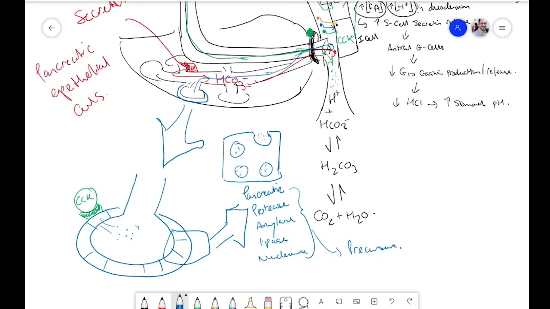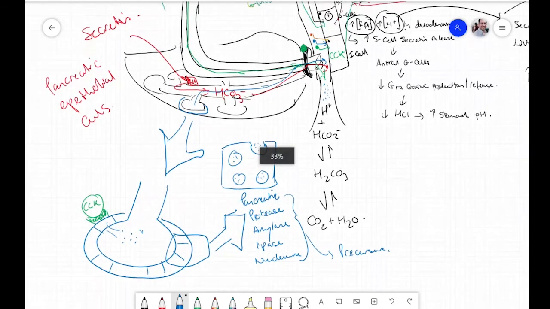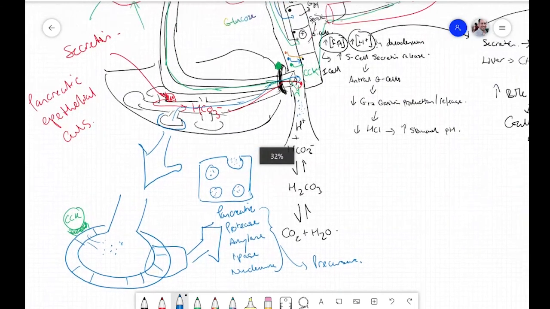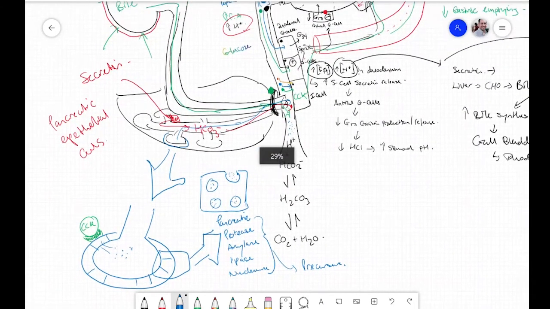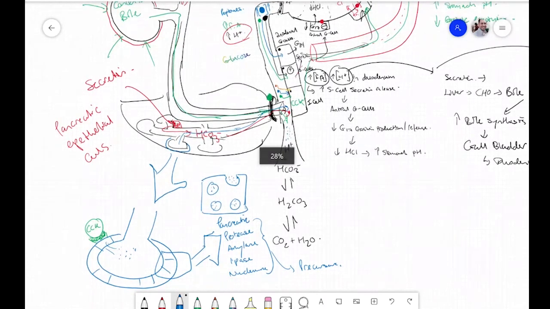Fantastic. But look at this. What is it that caused the CCK to become active in the first place? Oh, peptones, which are proteins. Tick. Glucose, well, I say glucose, any carbohydrates. What are carbohydrates digested by?